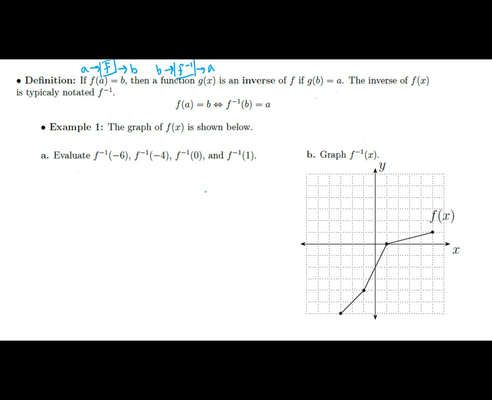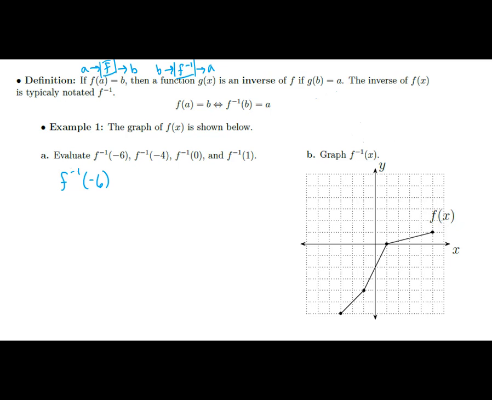All right, so to start to get a handle on this, let's take a look at this graph here. We've got 4 points here that are defined for the function f. So in part A, it asks me to evaluate f inverse of -6. Figure out what that is.